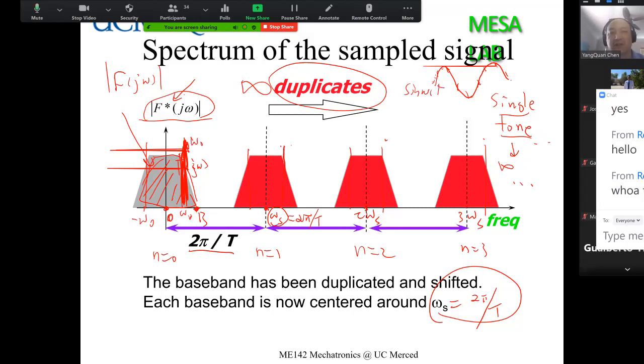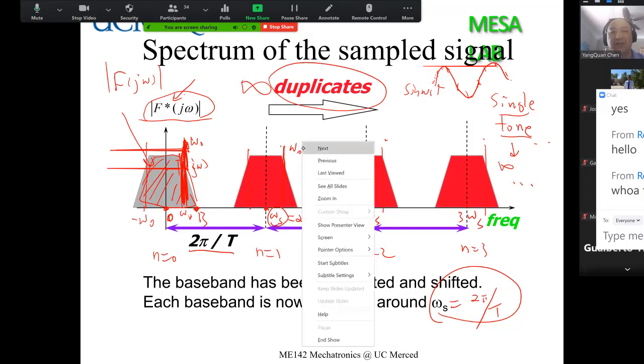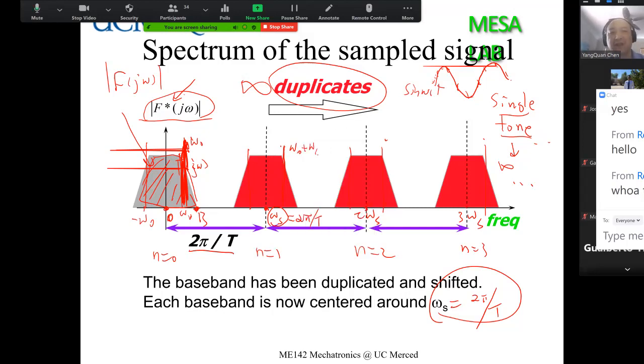Then you also have omega 0 in here, and you need to shift this one, so you add omega s. So this is omega 0 plus 2 omega s, omega 0 plus 3 omega s. See what I mean? You get infinitely many duplicated copies. So for a continuous time signal, you only have one frequency, but after sampling, you have infinitely many frequencies. That's the difference between a sampled data signal and a continuous time signal.